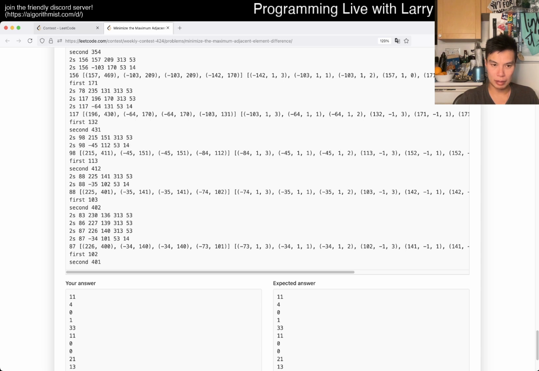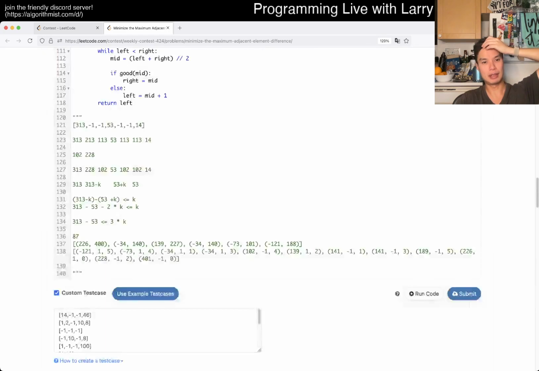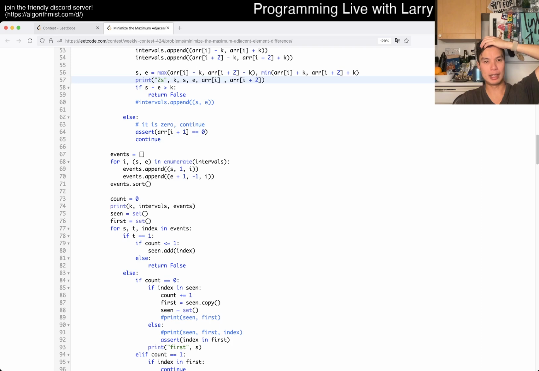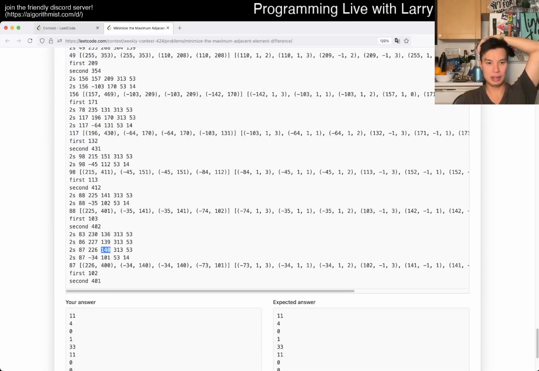87. We have this thing. I'm going to try 226 and 140, which I cannot remember enough. Oh, KSE.